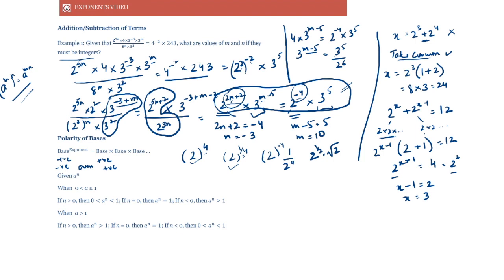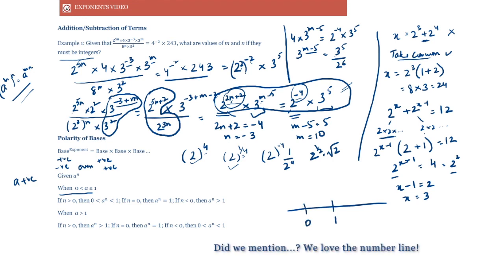So let's say we know that we have A positive, and we raise it to a certain power. When A is between 0 and 1, what happens? So I have 1 here on the number line, I have 0 here.